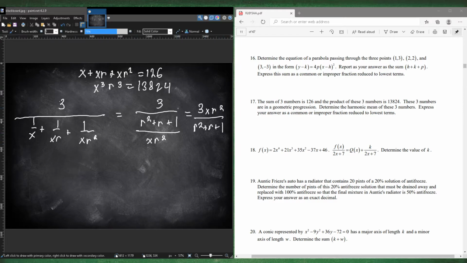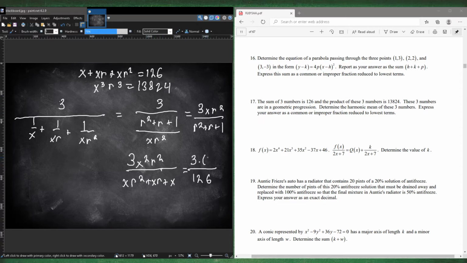So we want to get x plus xr plus xr squared. Let's multiply the top and bottom by x. We'll get 3x squared r squared divided by xr squared plus xr plus x. So we already know what this is. That is equal to 126. And then we have 3 on the top, and then x squared r squared. Well, if you raise x cubed r cubed to the power of 2/3, you can get it from cubes to squares.